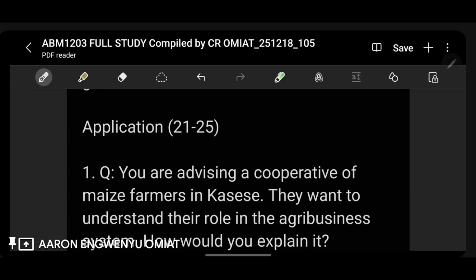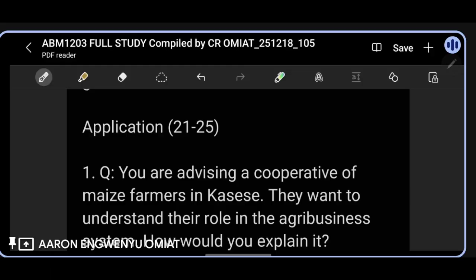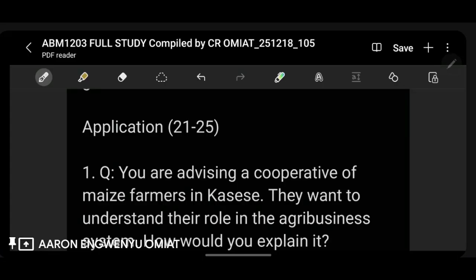The role of farmers, of course, is to produce. Answer the question well. You're advising a cooperative of maize farmers in Kasese. They want to understand their role in the agribusiness system. How would you explain it?